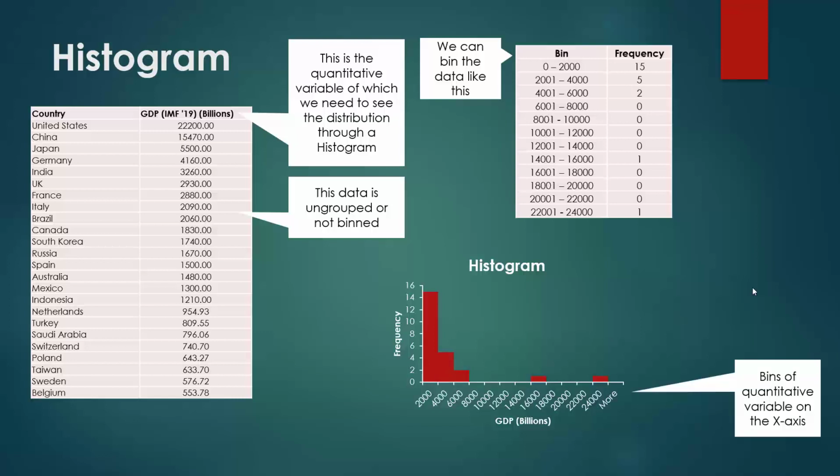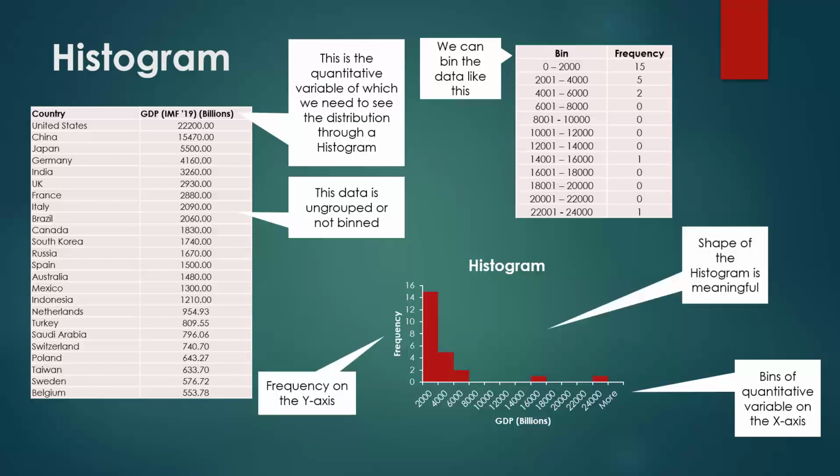The bins go on the x-axis and the frequency on the y-axis. In a histogram, it's the shape that is meaningful. We can see that there's a very thin tail going to the right, and most of the values are in the first bin. So it's a very skewed shape.